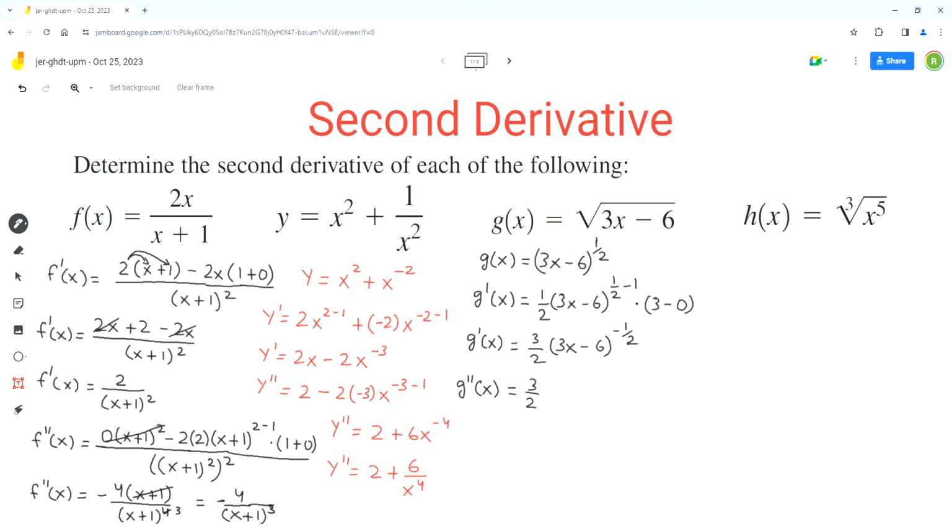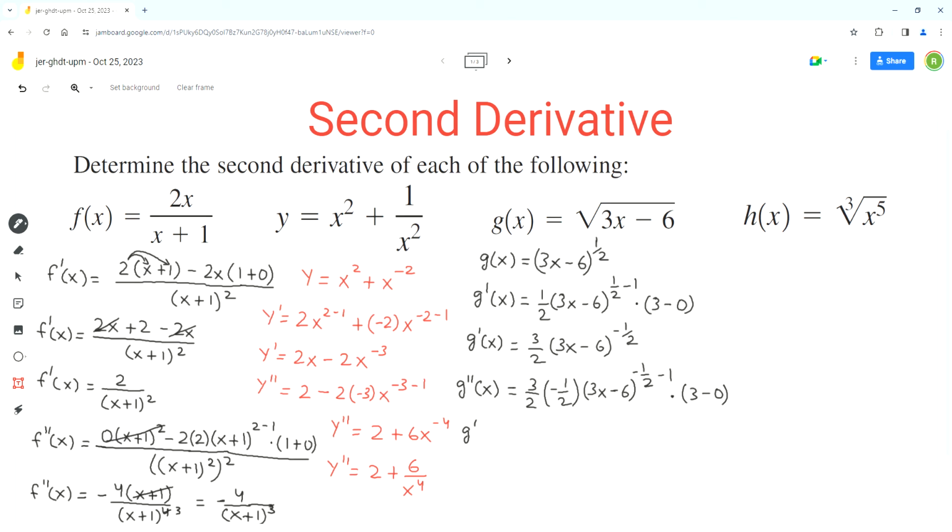So the derivative of that will be, so we'll move negative 1 over 2 to the front because we're using the power rule, and then we'll subtract 1 from the exponent, so negative 1 over 2 minus 1, times the derivative of the inner function, and that will be 3 minus 0.